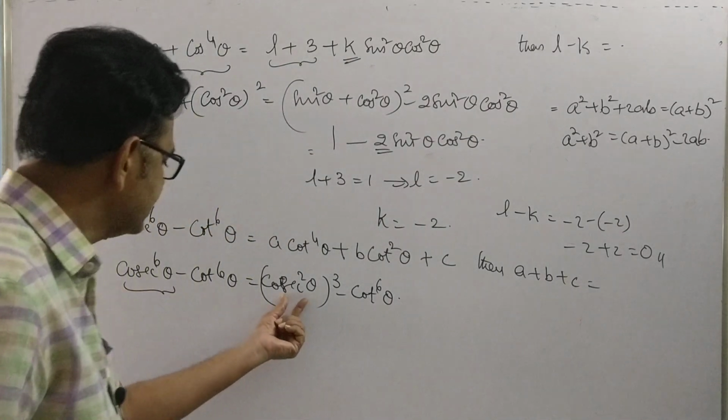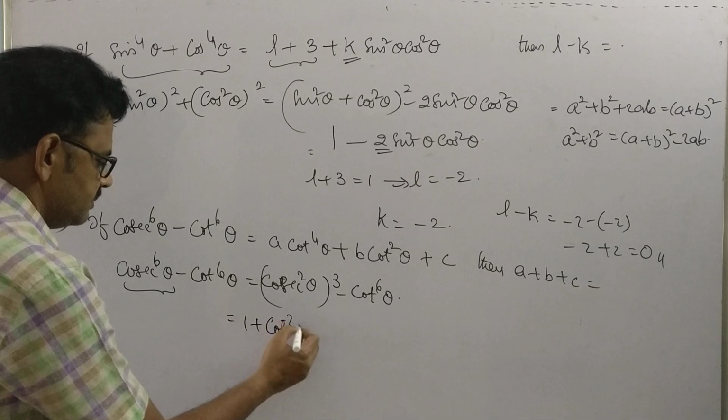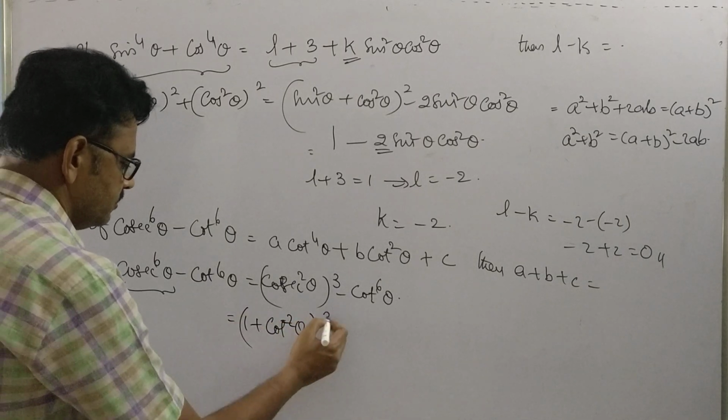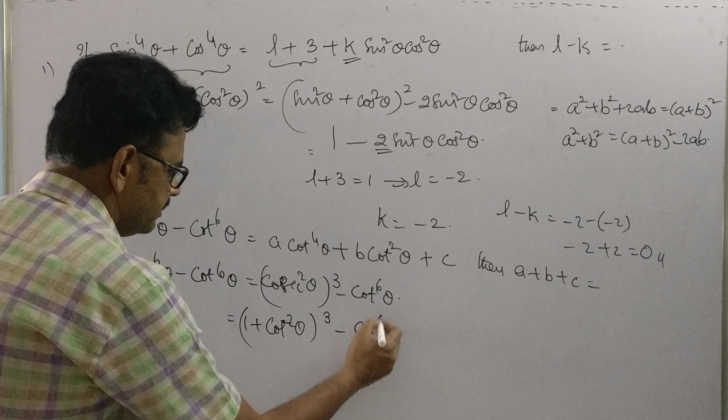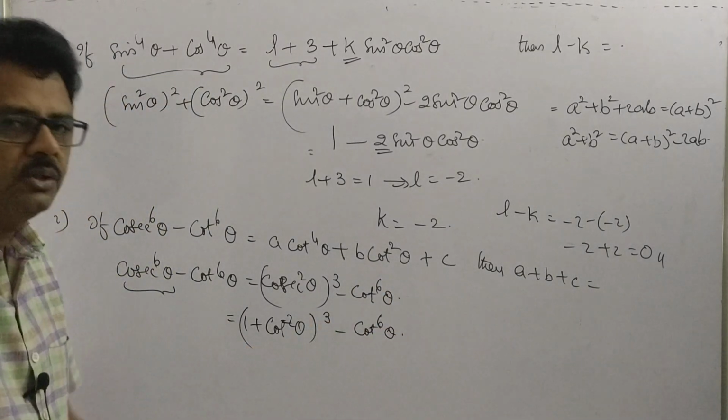So this cosecant square theta can be written as 1 plus cot square theta whole cube minus cot power 6 theta. So this is A plus B whole cube form.